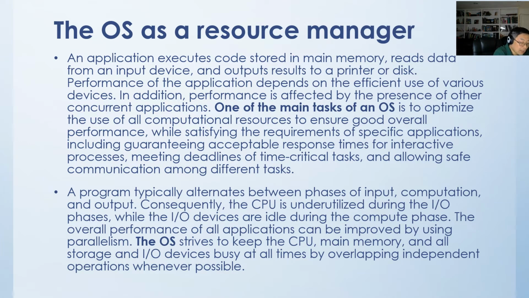So let's say we have a very powerful computer system. So we have a program, and we're going to run the program on the computer system. Now, a typical program, once it's created, alternates between three phases: input, computation, and output.